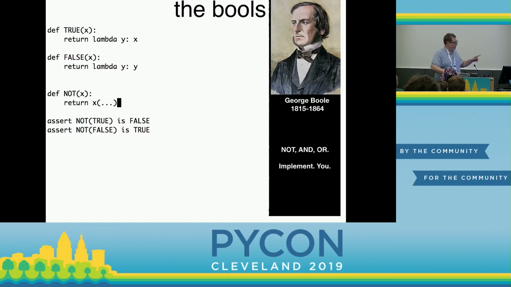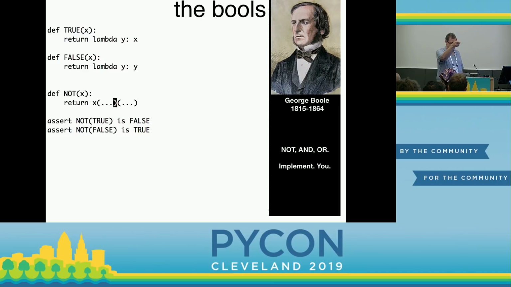The other thing that we know is that if our intent is to pass true and false to that thing, those are functions that take two arguments. Remember, the behavior of true is that you choose the first thing, and the behavior of false is you choose the second thing. So we say return x of something and then something else. Exactly right.